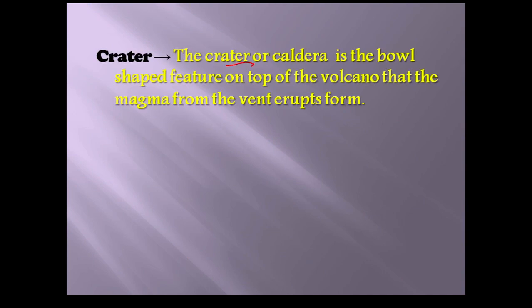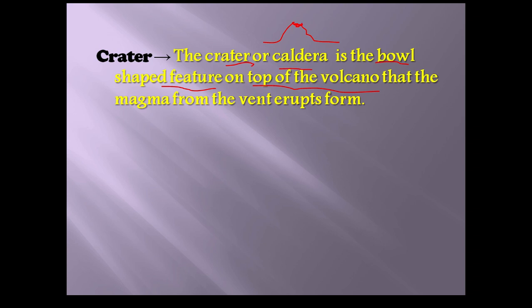Another part is the crater, or the caldera. What is it? It is the bowl shaped feature on top of the volcano. Whenever we make a diagram of a volcano, we keep it open here.